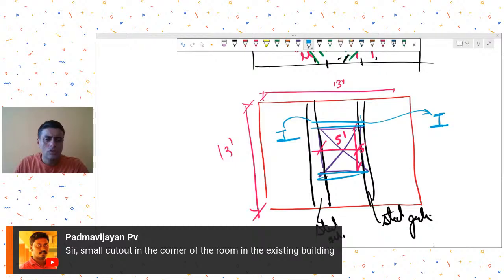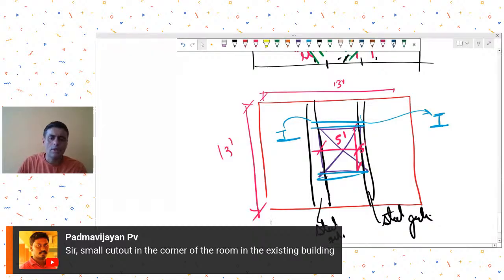Mr. Padmajan is saying small cutout in the corner of the room in an existing building. No, it's not a small cutout. In a 13 feet by 13 feet room, it's a 5 feet by 5 feet cutout. I don't think it's a small cutout. If you have to pass a complete lift through that cutout, 5 feet by 5 feet, I think, is the minimum size that you will have for the cutout. So it's not a small cutout.